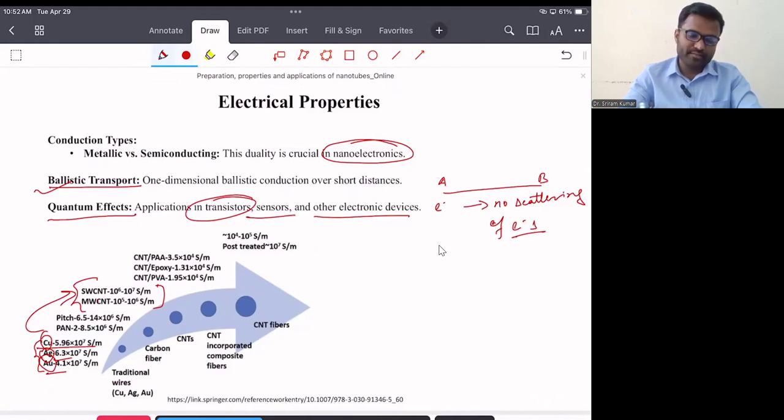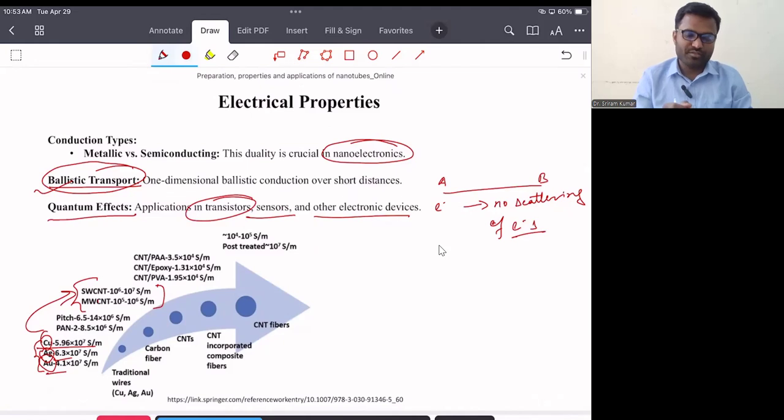We also found an important property of CNTs, the ballistic transport. Ballistic transport means that whenever an electron moves from one location to another without any kind of scattering, it is called ballistic transport.